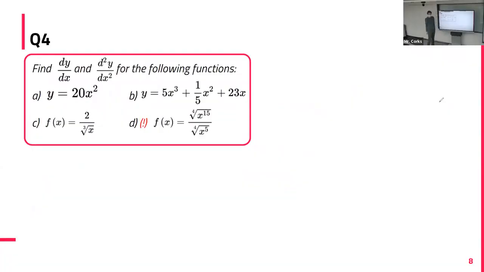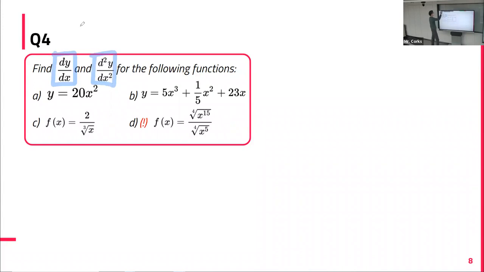Okay, the rest are calculus things. So find each of these, and I hope you remember what these two things here mean. The first two are not so hard. So I'll give you about 1.5 minutes to solve A and B, and we'll do those.